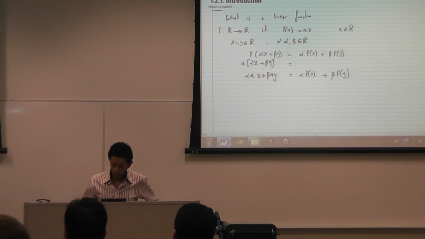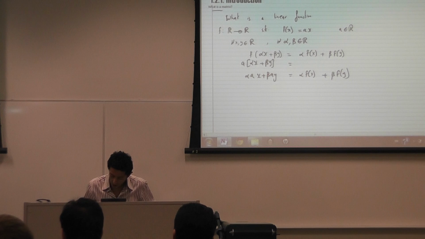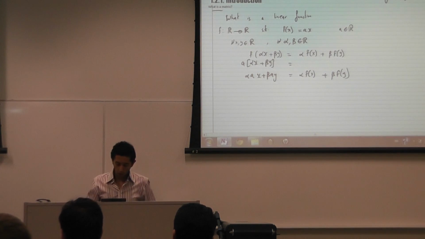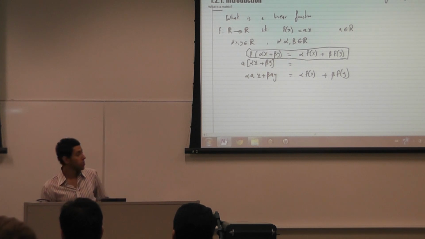This is not true if, for example, f of x is equal to a x squared. If f of x is equal to a x squared, you will not be able to say that f of alpha x plus beta y is equal to alpha f of x plus beta f of y. This only applies for that linear function.